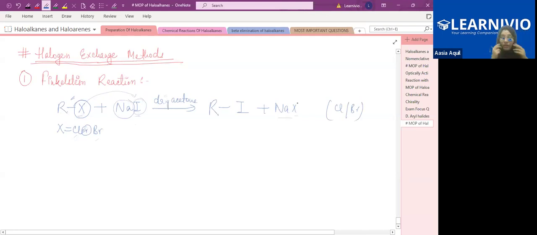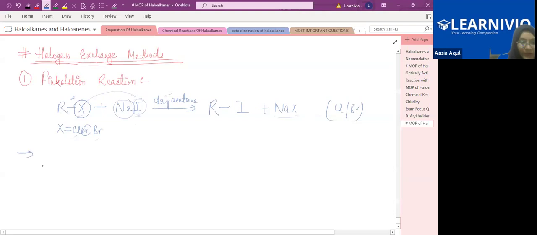So what you are supposed to do here is just exchange the halogen atom. The Finkelstein reaction is for the formation of iodoalkane from the bromoalkane or the chloroalkane. And what reagent do we use in this reaction? Sodium iodide in the presence of dry acetone.